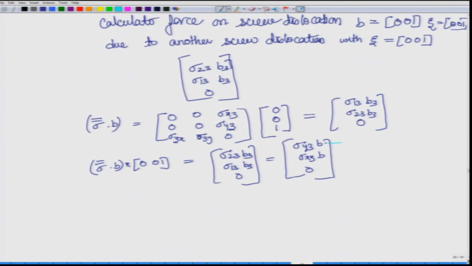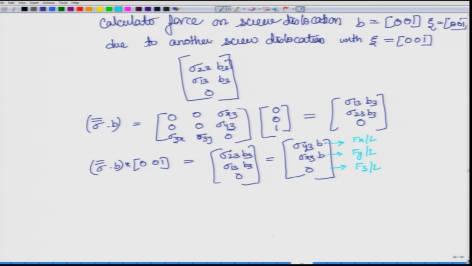So, we know this is f x by L, this is f y by L, this is f z by L. Again, we can see that the f z quantity has come out to be 0, which is expected. F x and f y have come out to be this form.